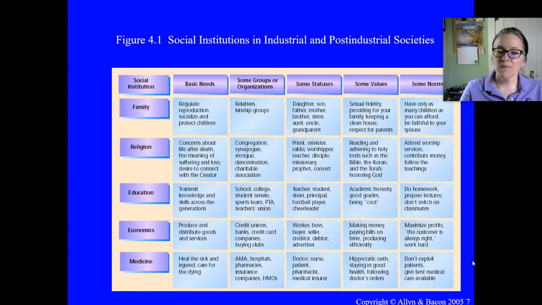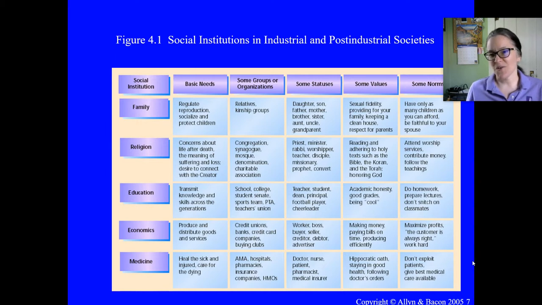If you look at education, some of their values are academic honesty, having good grades, but then for kids also having some kind of status as being cool, right? Some of the norms are that students are supposed to do their homework, teachers are supposed to prepare their lectures, and you're not supposed to turn in people who cheat. But from the perspective of the school, people shouldn't be cheating or helping other people to cheat as well. So there are conflicting norms.